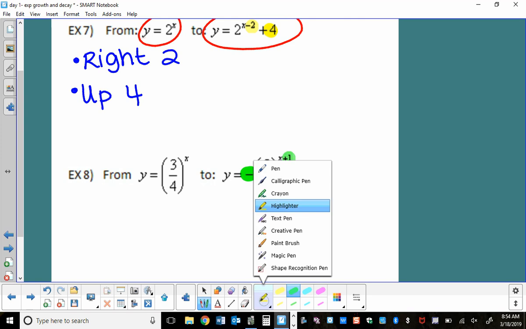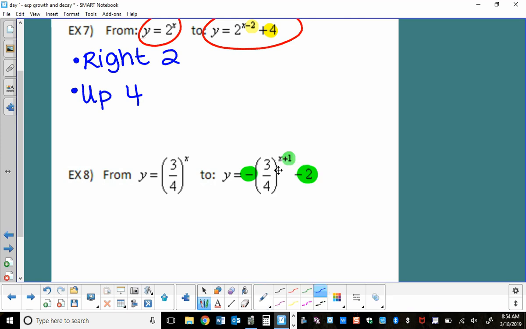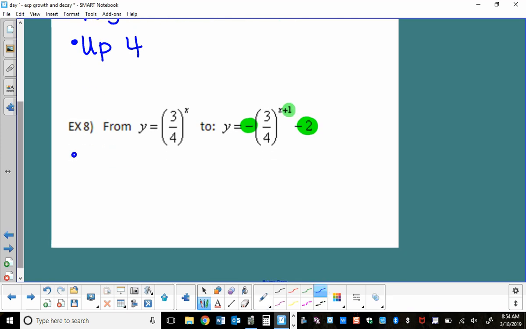The negative, right? Alright, so I have 3 transformations here. Because he already said I want to flip, so we reflect. The plus 1 tells me to do what? Left 1. And the minus 2? Down 2.